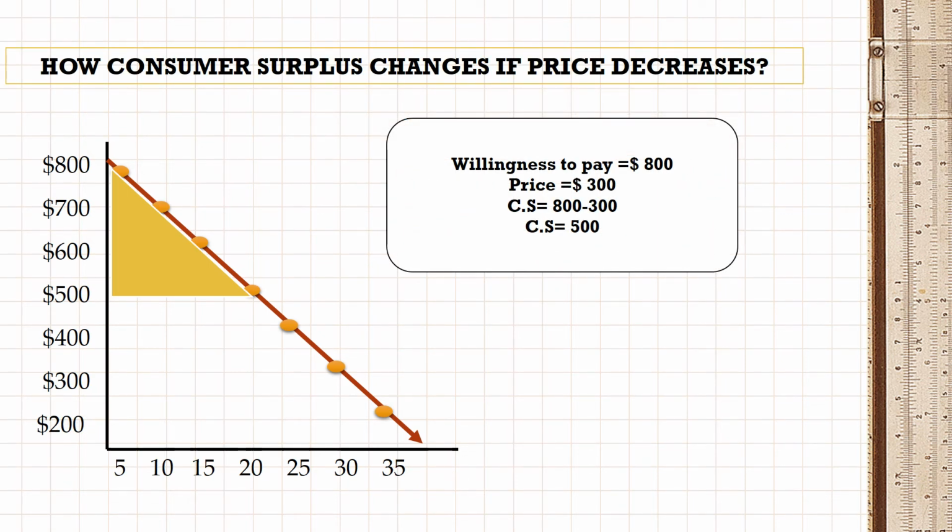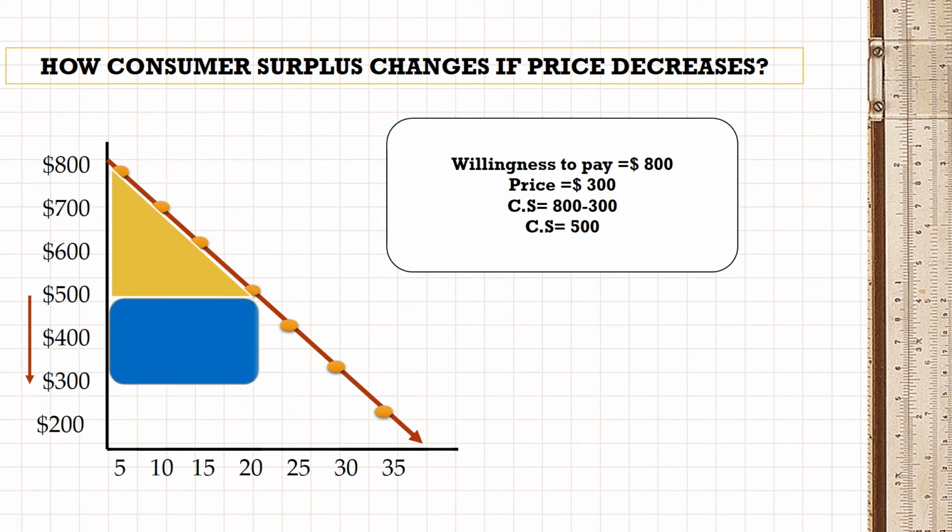Now the question arises how consumer surplus changes if the price level fluctuates. For instance, if the price increases or decreases. So in this scenario, let's suppose the price of the mobile phone decreases from 500 to 300 and your willingness to pay is 800. So you notice your consumer surplus has increased from 300 to 500.